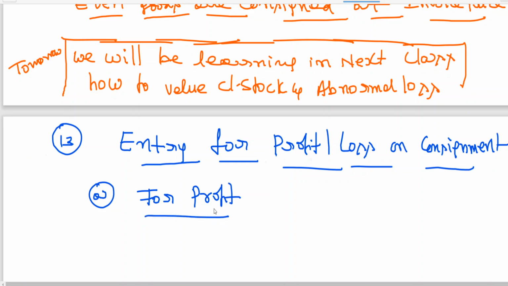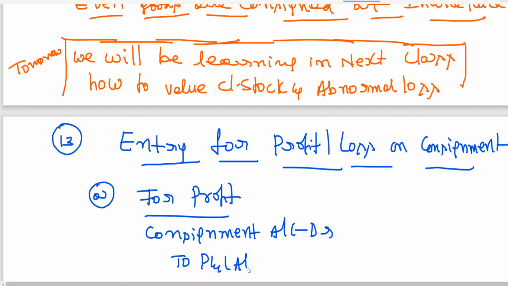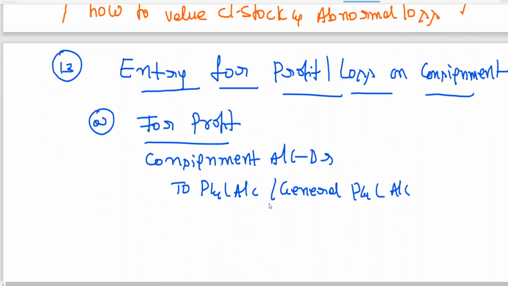For profit: consignment account debit to P&L account, or some others suggest general P&L account. If you are having more than one consignment, you will open an account called general P&L account. In that general P&L account, you will be transferring the profit as a trader, profit on different consignments, one from P&L account, one for consignment account. But in the examination, you can even write P&L account also, just for information I am giving. Consignment account debit to P&L account or general P&L account.